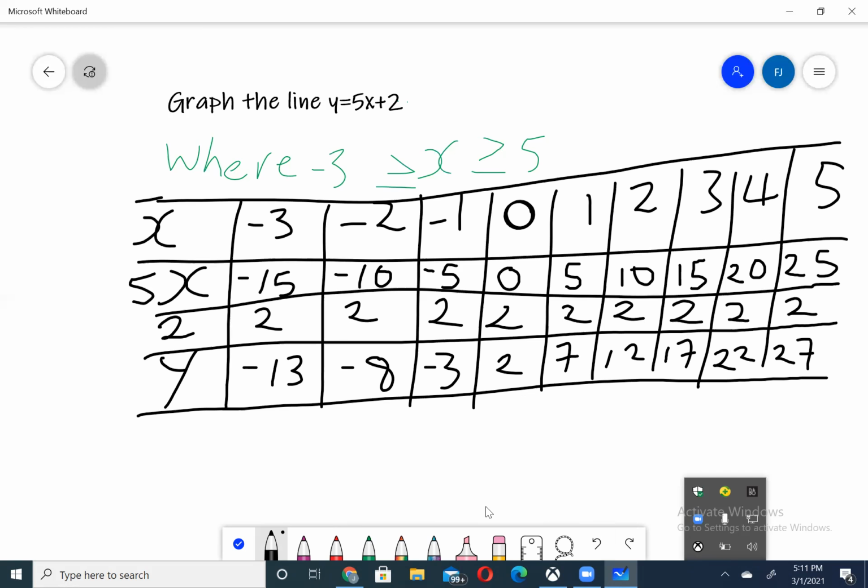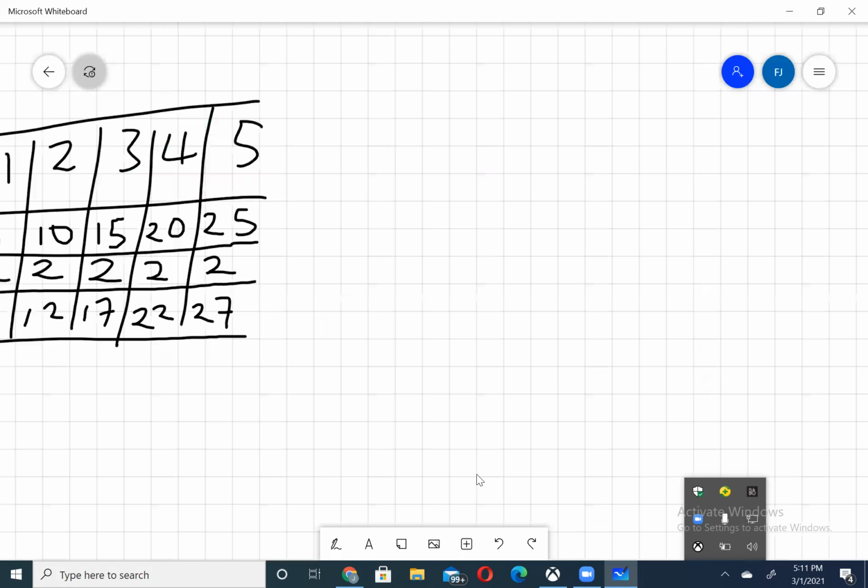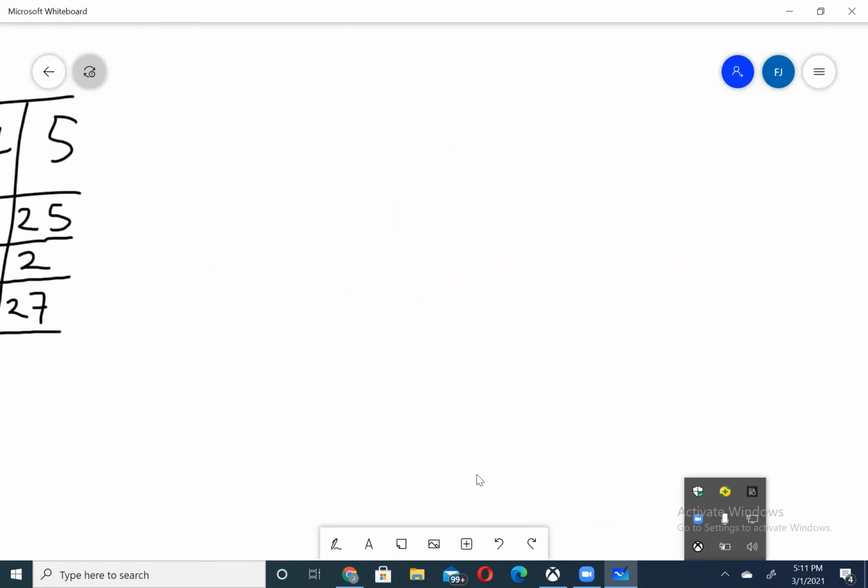Yes, miss. All right. So what I'm going to do now is I'm going to drop my Cartesian plane. So we're going to draw up our Cartesian plane, guys.